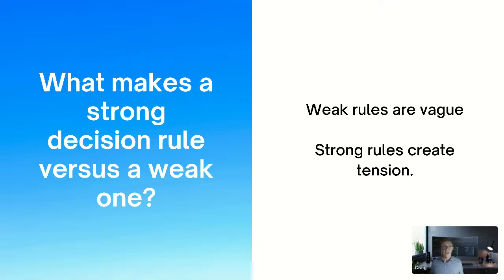They force a trade-off. For example, you want profit over popularity, conversion over engagement, clarity over cleverness, speed over perfection. Those are strong rules. A strong rule will answer this question: when there's a choice, what wins? If it doesn't force a choice, it's not strong enough.